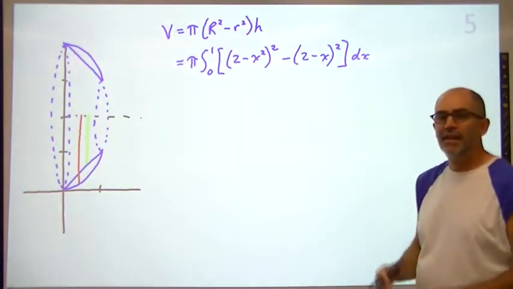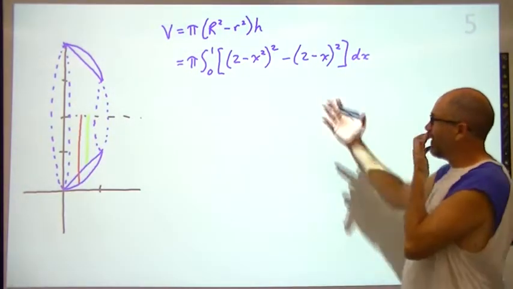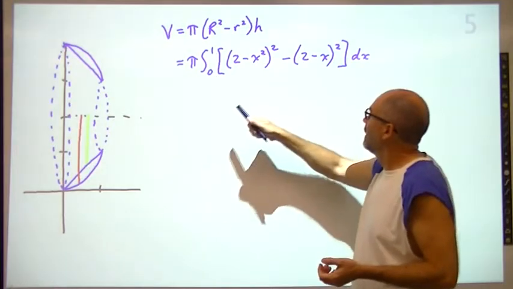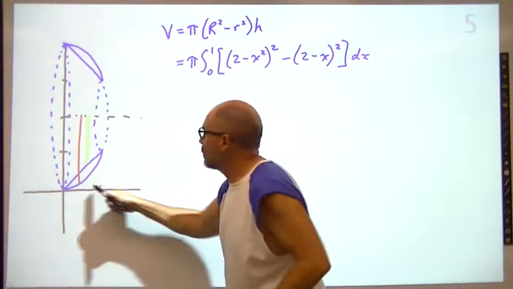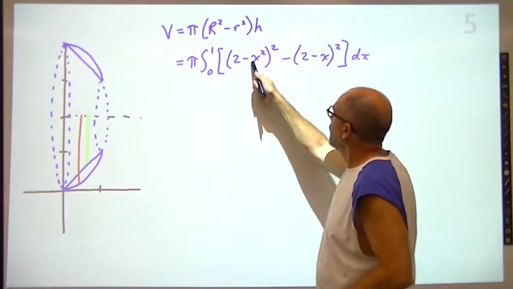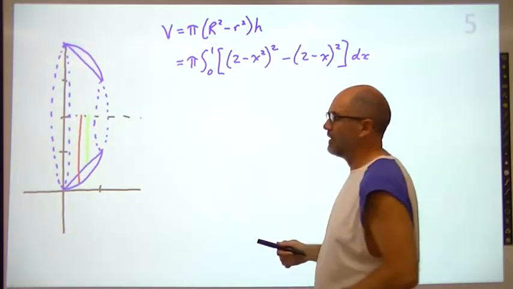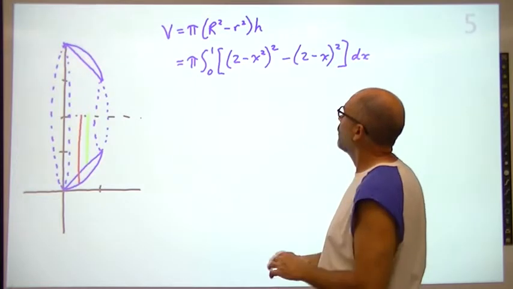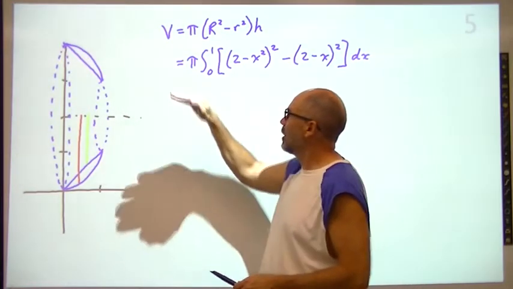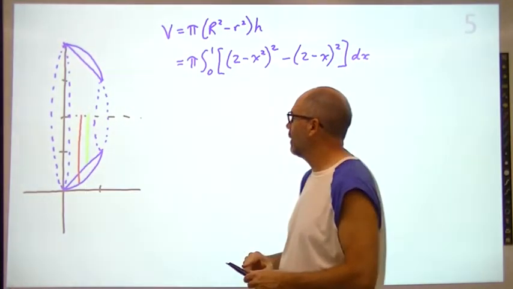Bam, that's it, game over. We have it all set up: pi times the integral from 0 to 1 of capital R squared minus small r squared times the thickness. And remember, vertical distance goes high minus low.